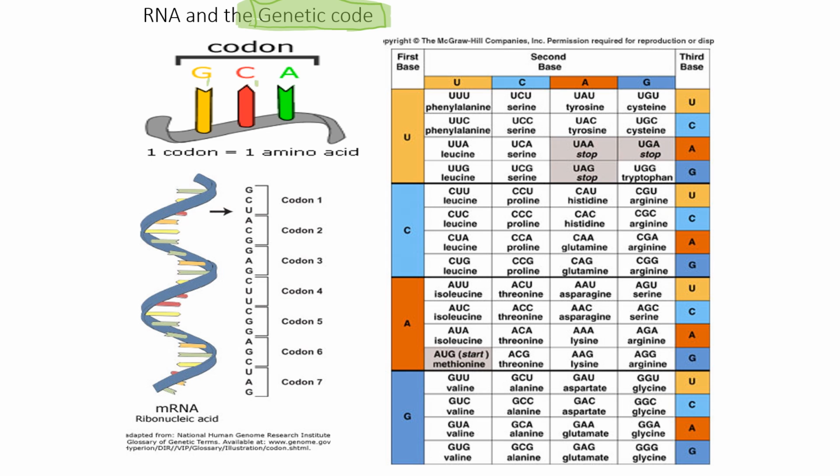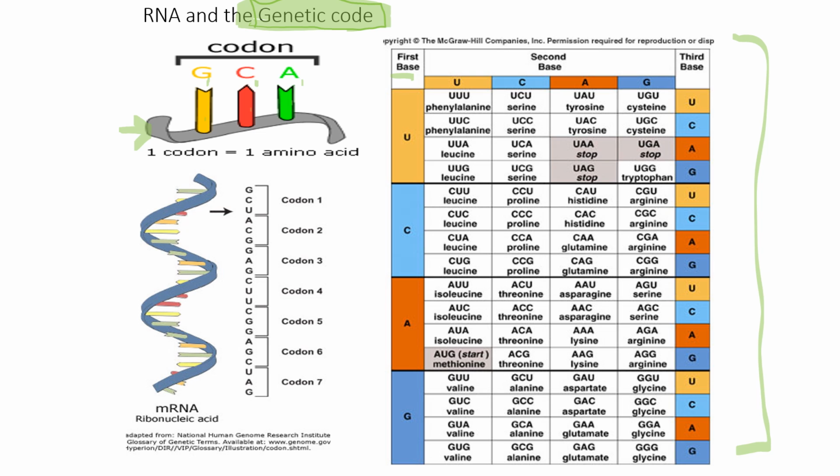But suppose you have a codon. G, C, A are the three bases in your codon on your messenger RNA. So this gray thing here represents the messenger RNA that was made from the DNA. So the codon is GCA, and this table shows you the translation process. The way it works, the first base, you go down here.